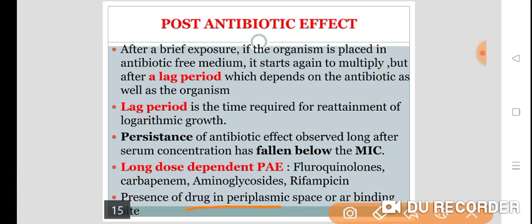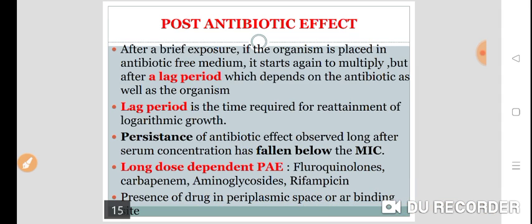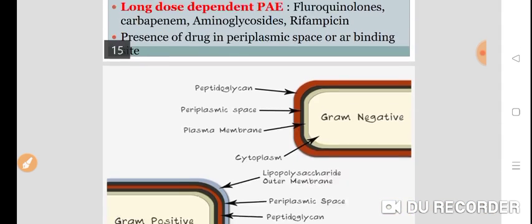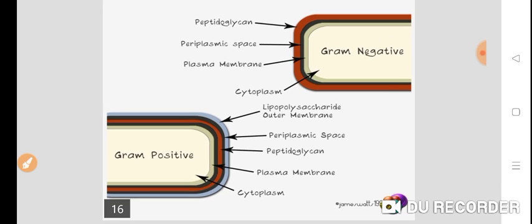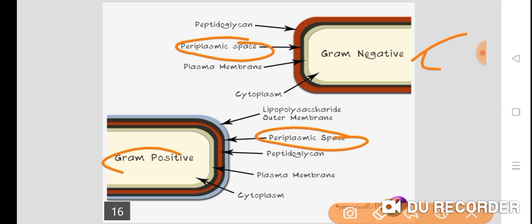Presence of the drug in the periplasmic space, or at a binding site, these are the reasons for the post antibiotic effect. Now here you can see the periplasmic space in case of gram negative or in case of gram positive. Here, this is the periplasmic space.